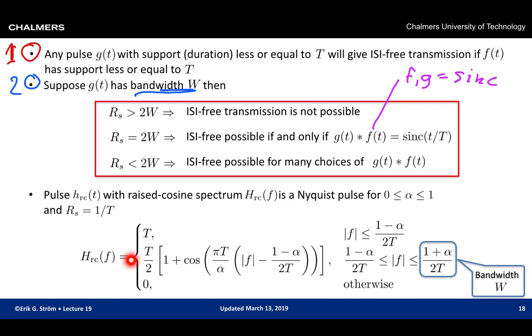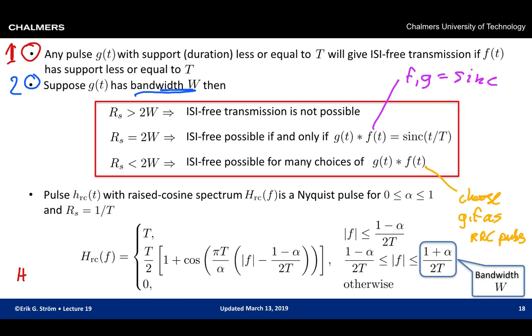So I didn't put this in the time domain. So one possibility in this case is to choose G and F as root-raised cosine pulses. Okay, and the root-raised cosine pulses, maybe I should write this here.